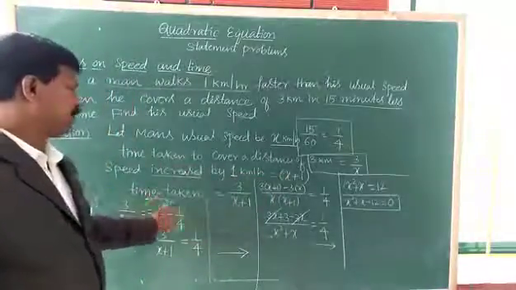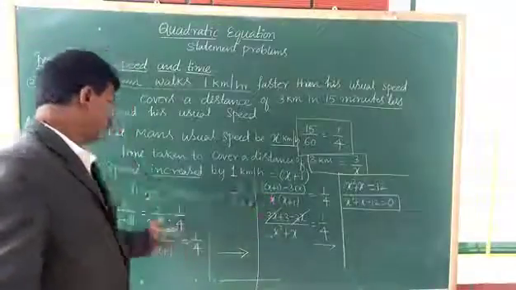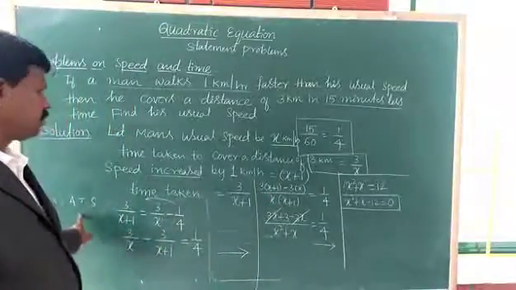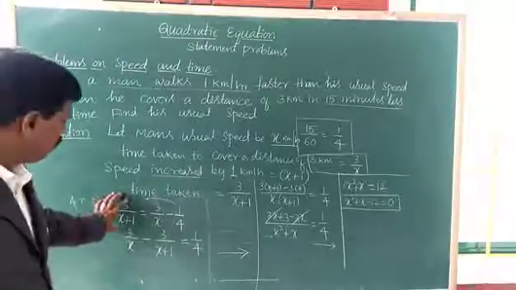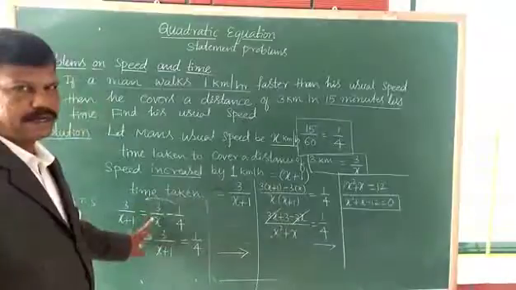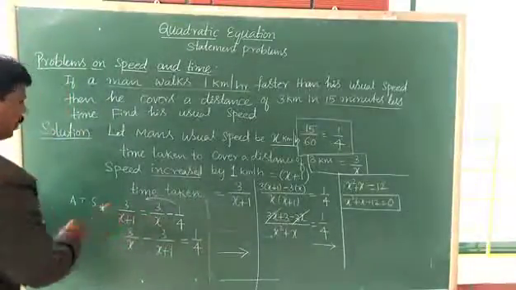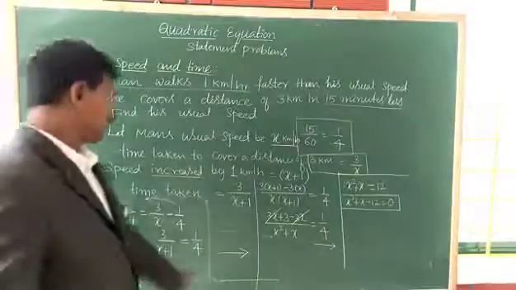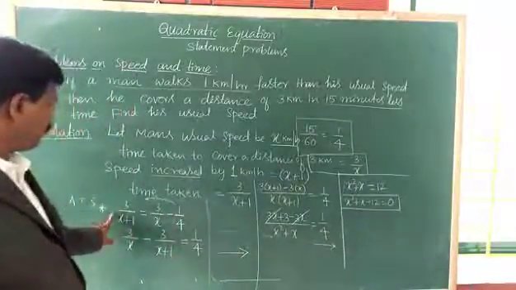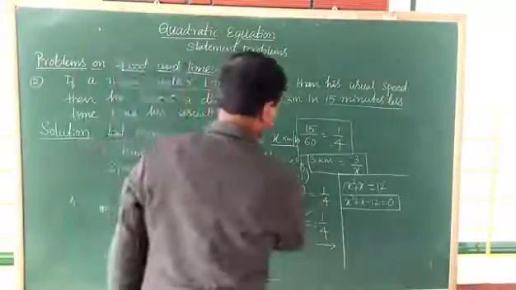Then time taken is equal to 3 by x plus 1. So according to the statement, this time is 15 minutes less than this time. This is very important. This is the statement. Then simplification. So look at this. After this, you should write this. Then coming to here.